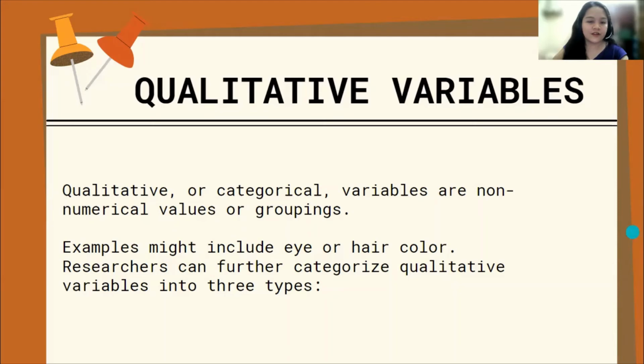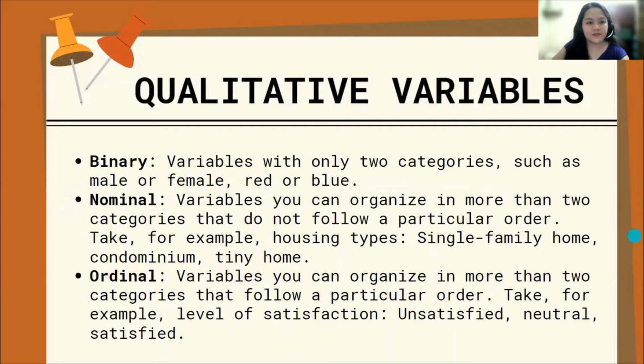Researchers can further categorize qualitative variables into three types: binary, nominal, and ordinal. So as we repeat, qualitative variables or categorical are non-numerical, and quantitative variables are numerical or has an amount.